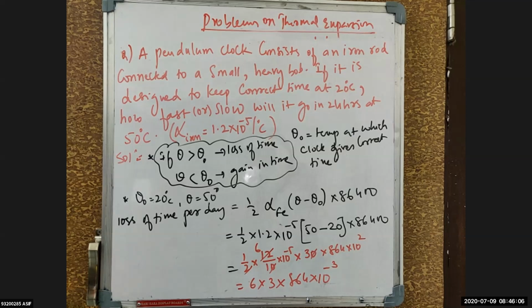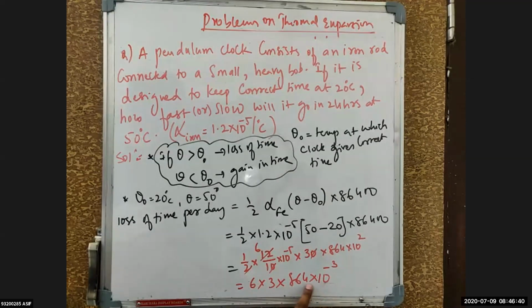See how much I'm getting that value, beta. This is 18. 18 into, if I remove this power, 1, 2, 3, that means this will become 0.864 into 3, 5, 15, 3, 6, 18.